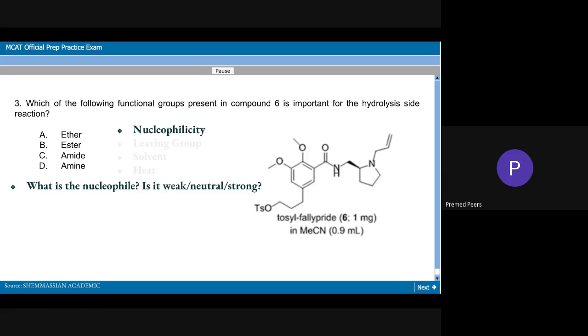And then, going through the list that I mentioned, the nucleophilicity, you have to think about what your nucleophile is. Is it weak? Is it neutral? Is it strong? Obviously, water is not a superb kind of nucleophile. If you're still confused about what makes it a good nucleophile, go back to the previous section for OChem.